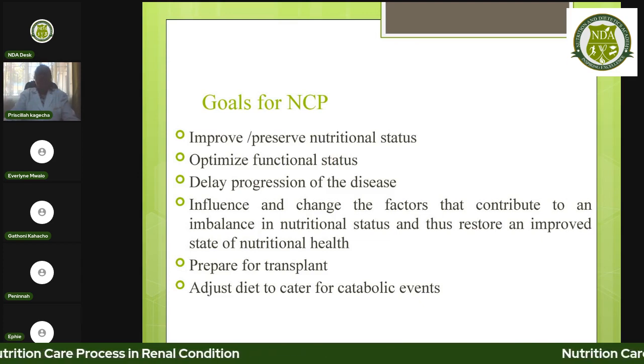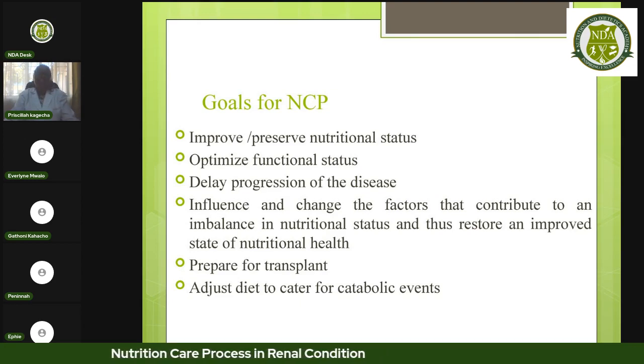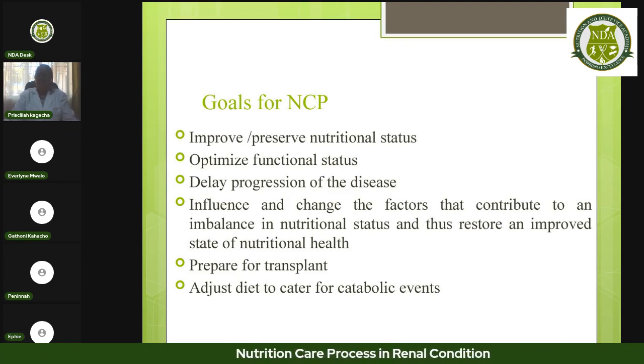Number three is nutrition intervention, where you develop a plan of action. And lastly, nutrition monitoring and evaluation, where you monitor the effectiveness of the plan that you have intervened.